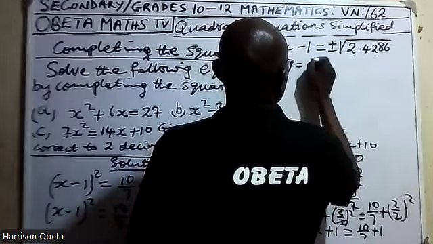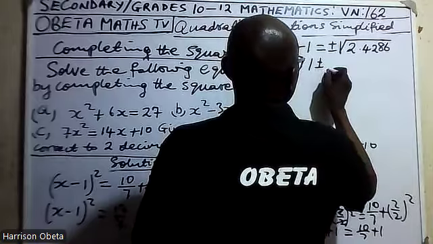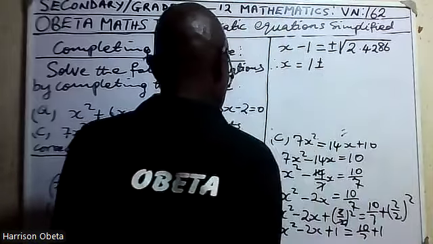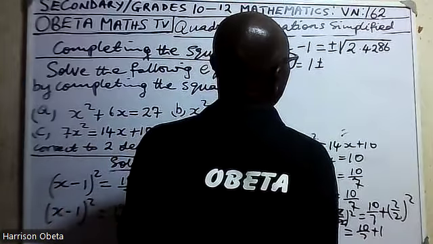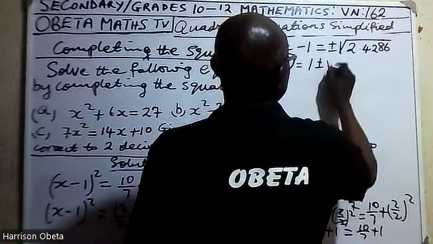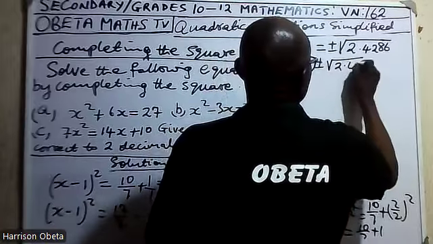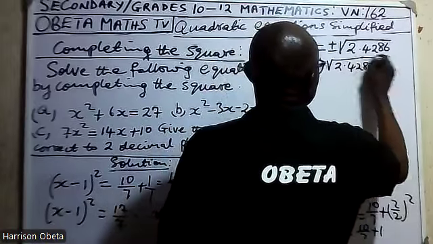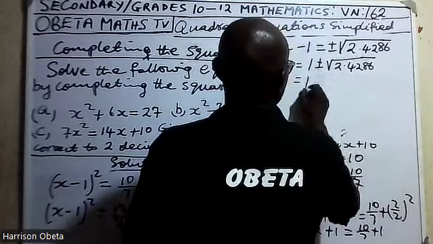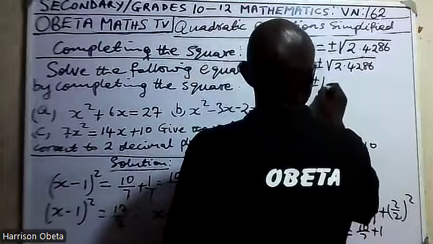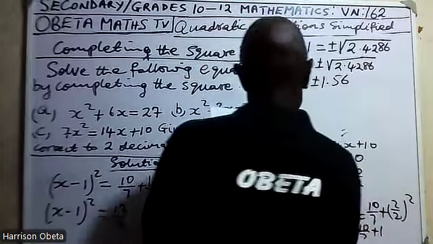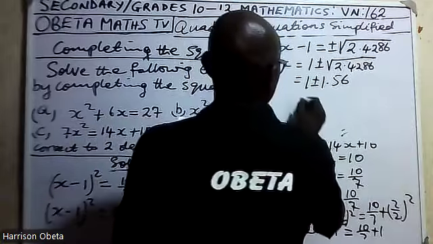Equal to 1 plus or minus, you find the square root of that. 2.4286, which is equal to 1 plus or minus 1.56.